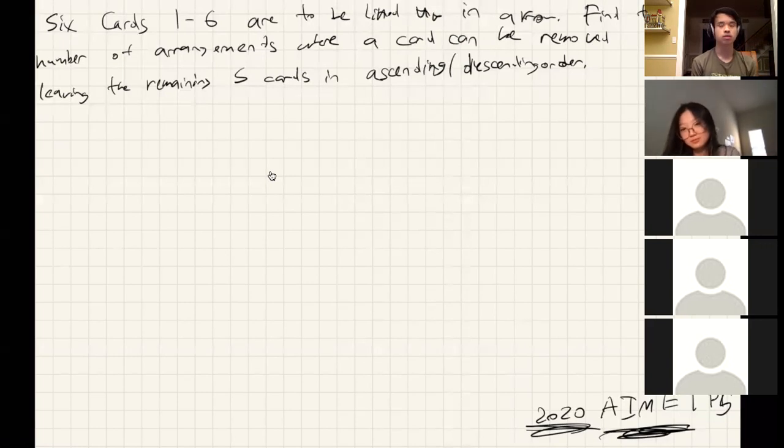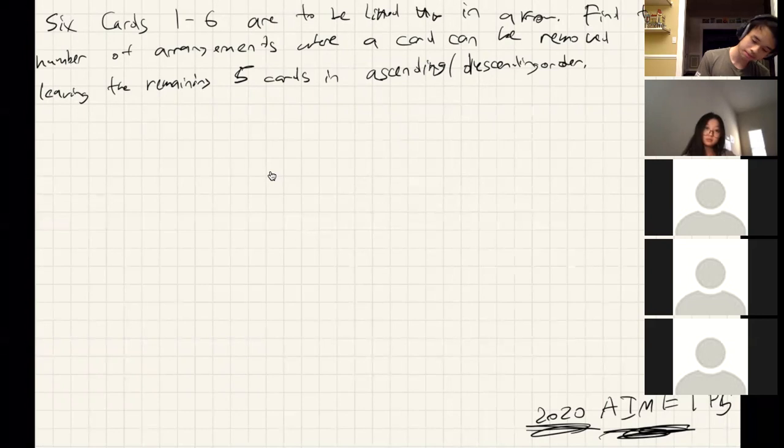So this is one of those questions where a very stupid approach could work given enough time. But say you don't want to go through nearly as much pain, so you try to find the number of arrangements where a card can be removed, leaving the remaining 5 cards in ascending or descending order.